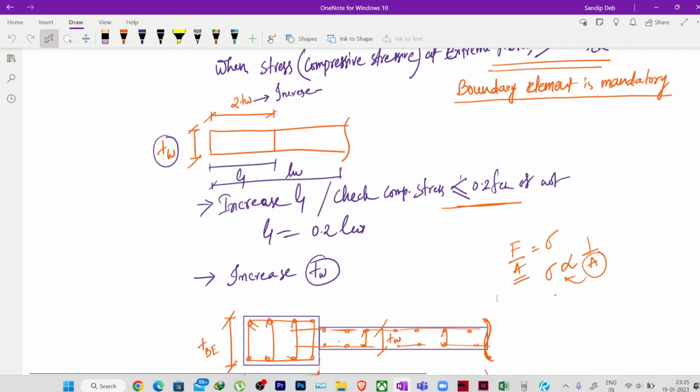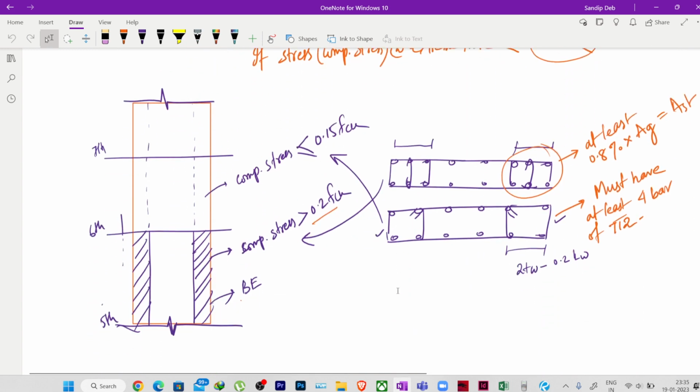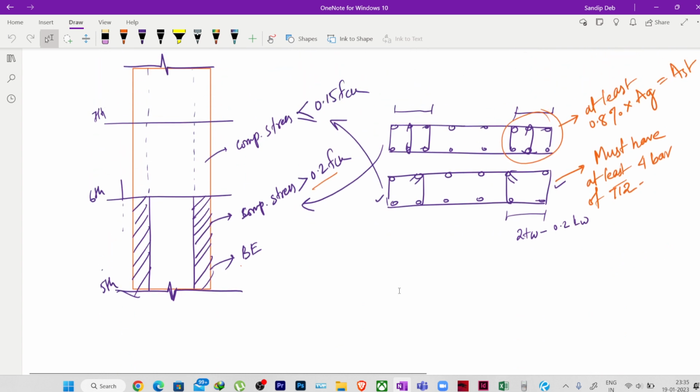Fine. Because these boundary elements, we are considering it as a column only. Actually, boundary elements, we basically design these end zones as short columns.